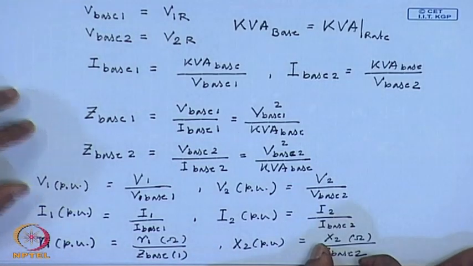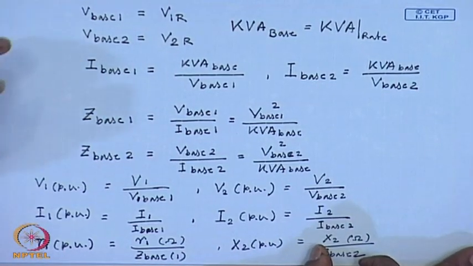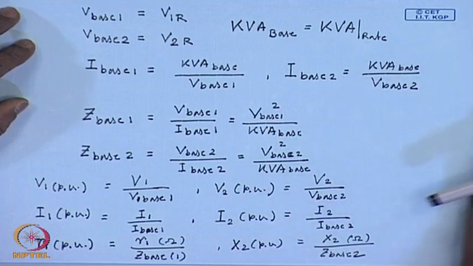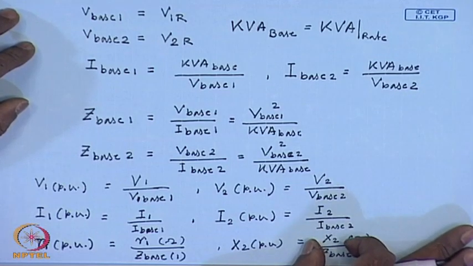Now, how does defining these base quantities and per unit values help to achieve a single unique equivalent circuit of a transformer? Let us see.